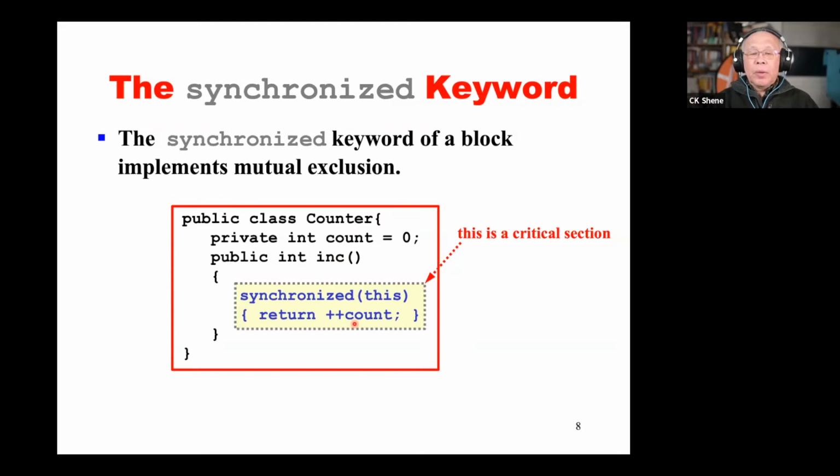Keep this in mind when we talk about monitor. When the caller of this inc receives the return value, by the time the caller prints this value out, the printed value may not be the current value of the count variable, because other threads could call inc or dec at the same time or in some sequence between the time you get this value and the time you print this value out.